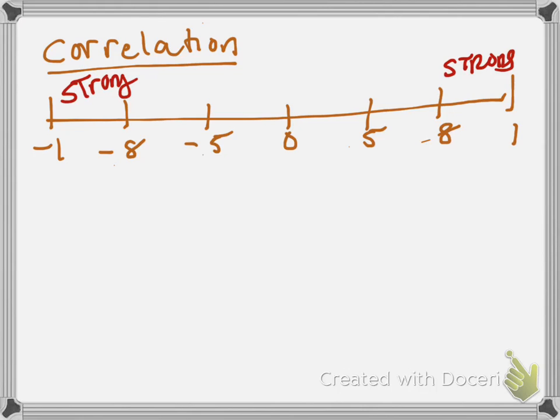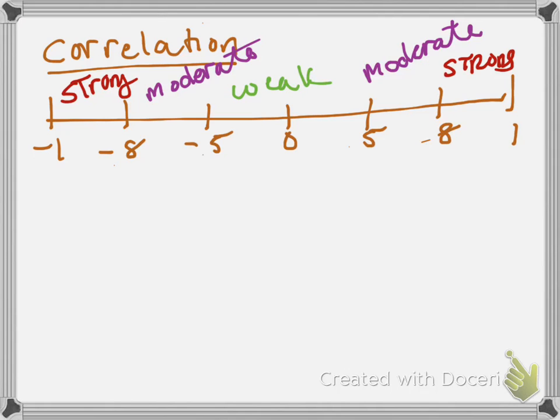If we're between 0.8 and 0.5, we say we're moderate. And if we are between -0.5 and 0.5, we say we are weak. Now, as a special case, if we get 0, which I have never seen, there is no correlation.